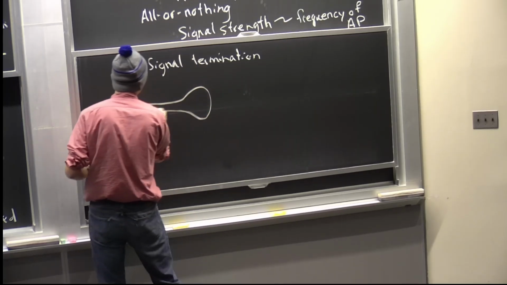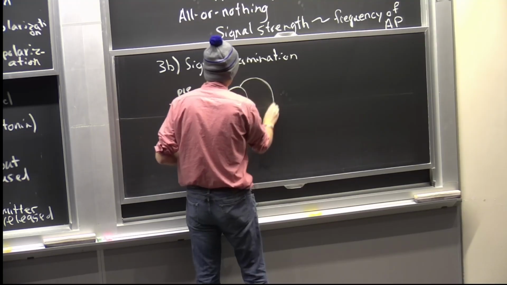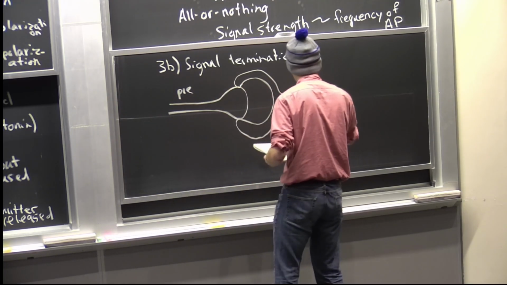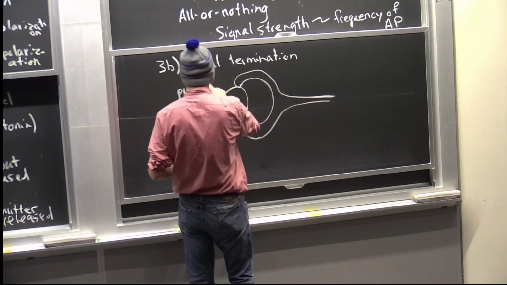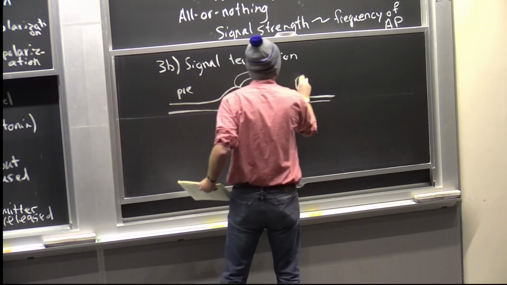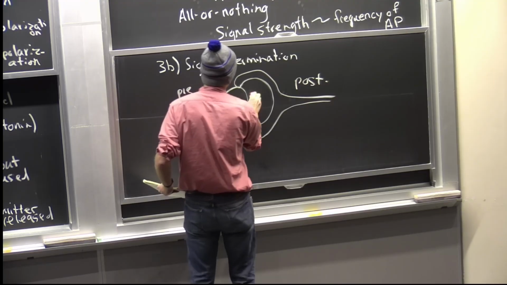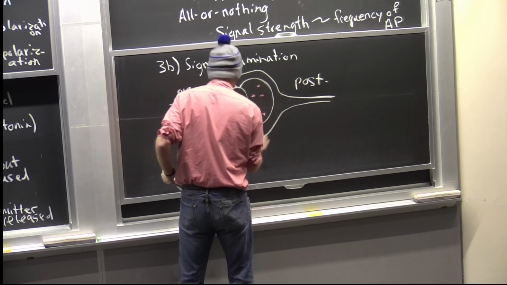And if we consider the synapse, this is the presynaptic neuron here. I'm going to draw a postsynaptic neuron here. Neurotransmitter is released by the presynaptic neuron. This is the postsynaptic neuron here. Neurotransmitter is released into this synaptic cleft.